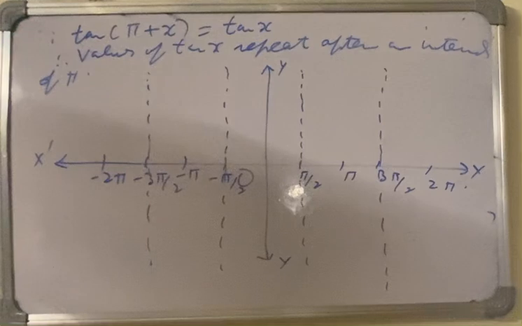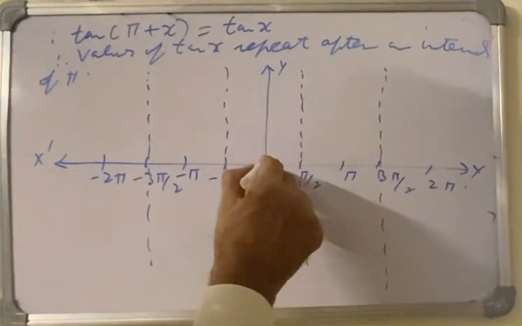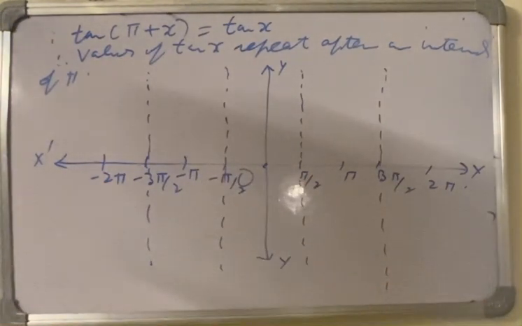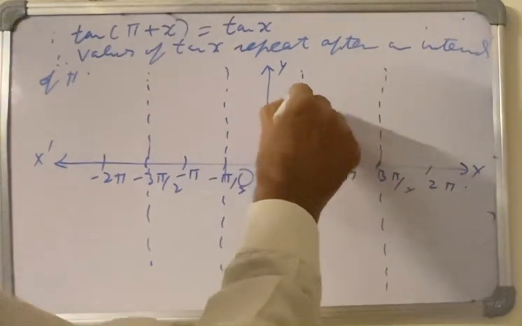Now at tan 0, y is equal to tan 0 is 0, so this should pass through origin, and it goes in this way.